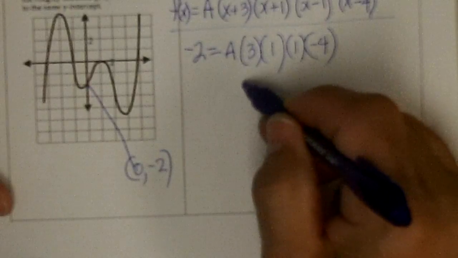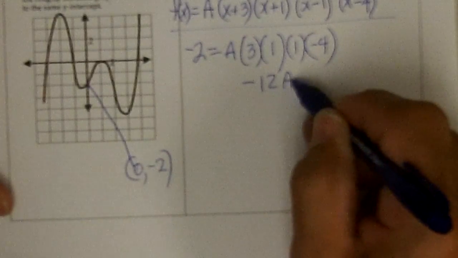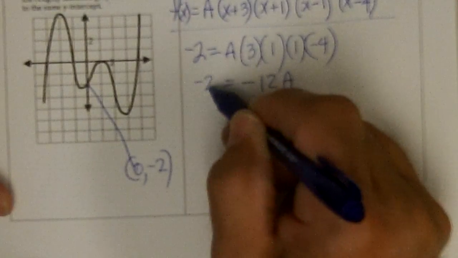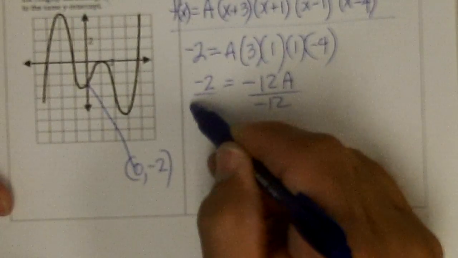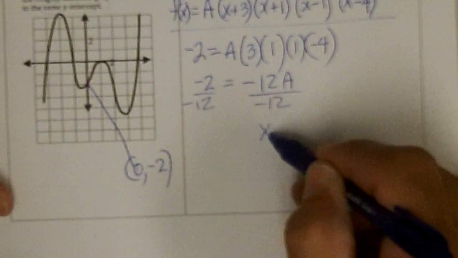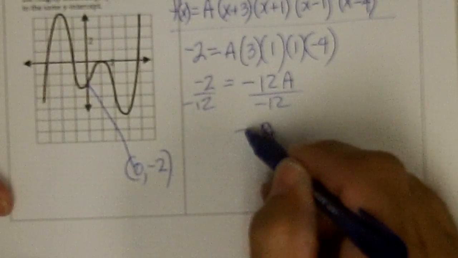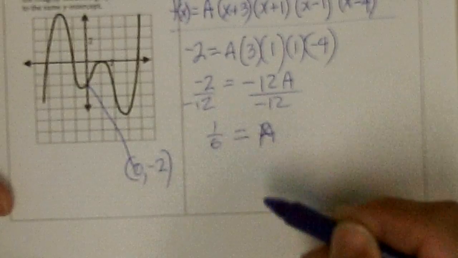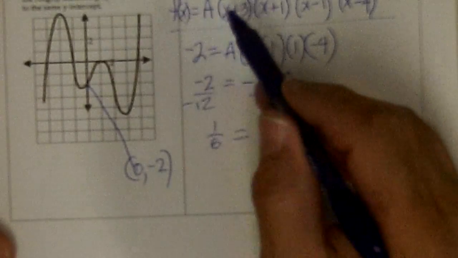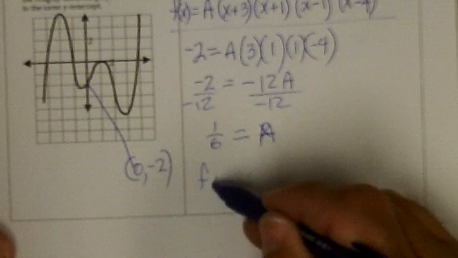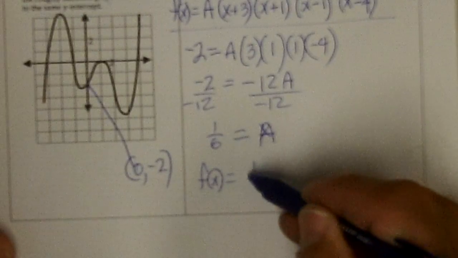So I got -12a equals -2. Divide by -12, divide by -12, and I get a equals 1/6 positive.